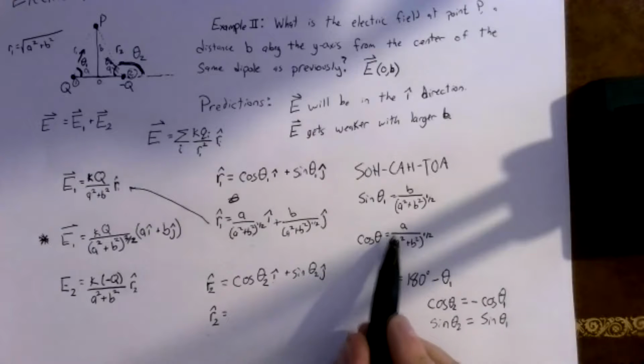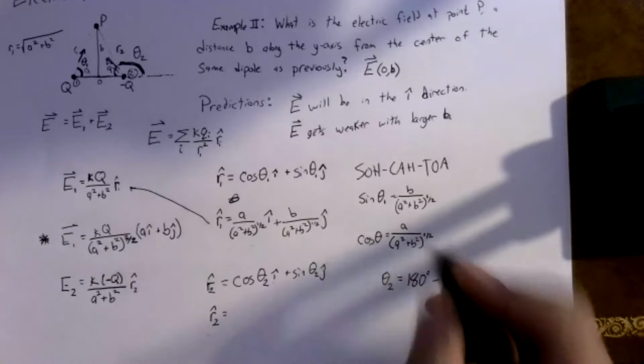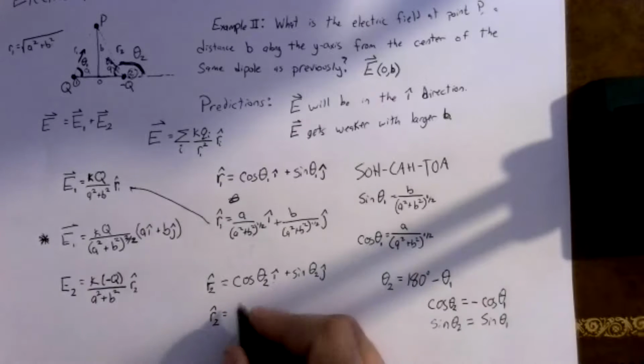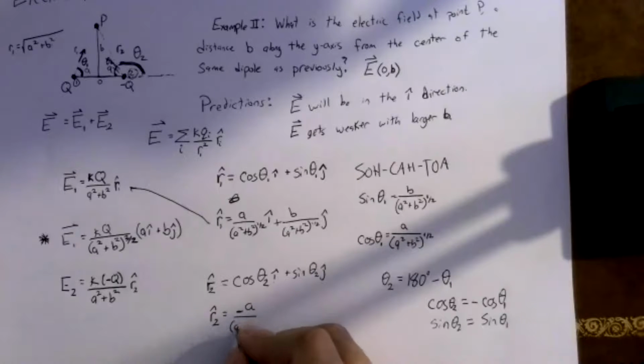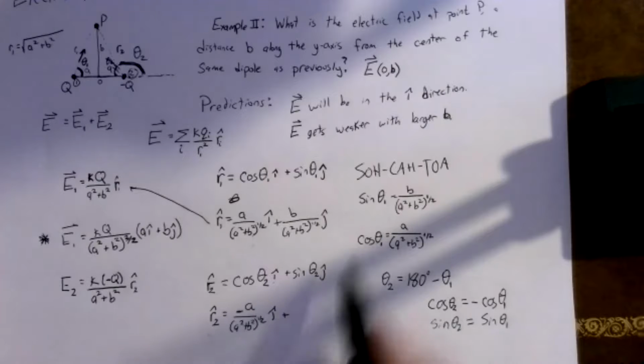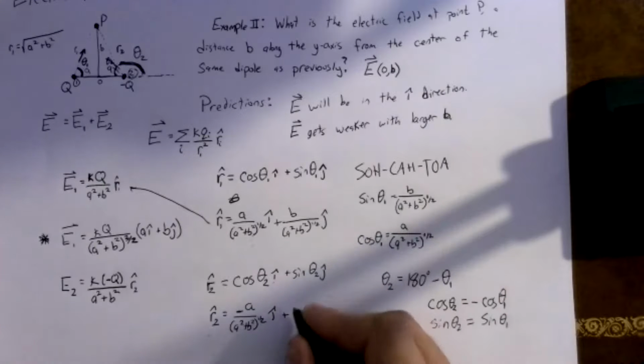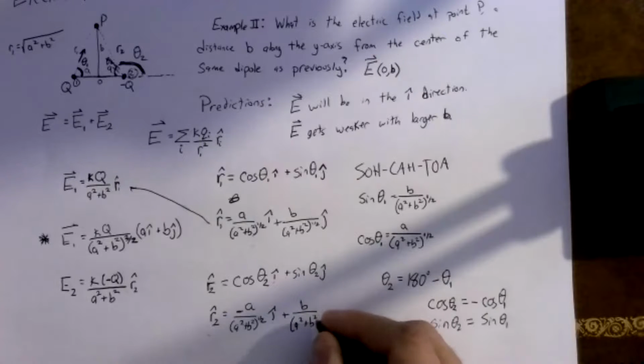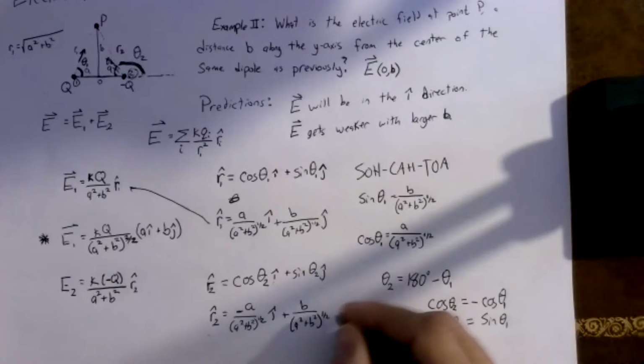It's just going to be the negative of what we got for theta 1, so minus A over (A squared plus B squared) to the 1/2 for the I hat. And then for the j hat, the signs are going to be the same, so the j hat term is going to be exactly the same: B over (A squared plus B squared) to the 1/2.